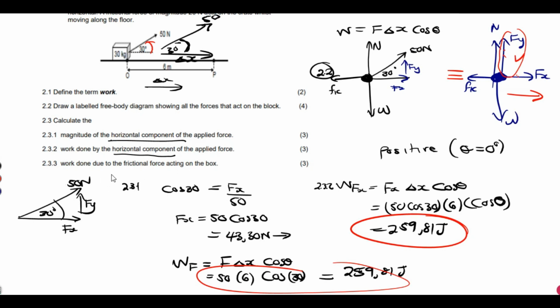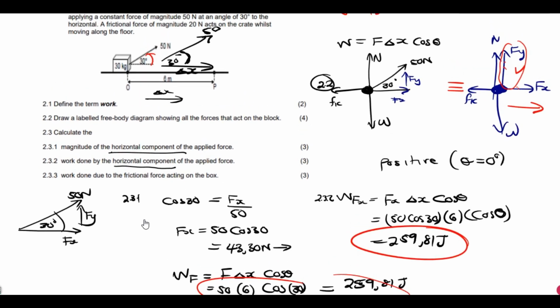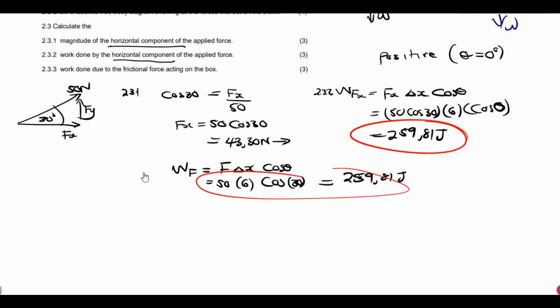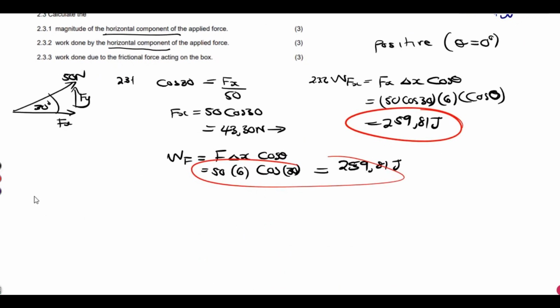Now they say calculate the work done due to friction. Frictional force acting on the box. Remember, the friction was given as 20 newtons and it's to the left. So we have work done by friction. But remember, what kind of work is being done by friction? Friction is doing negative work. And whenever a force is doing negative work, what are we expecting?